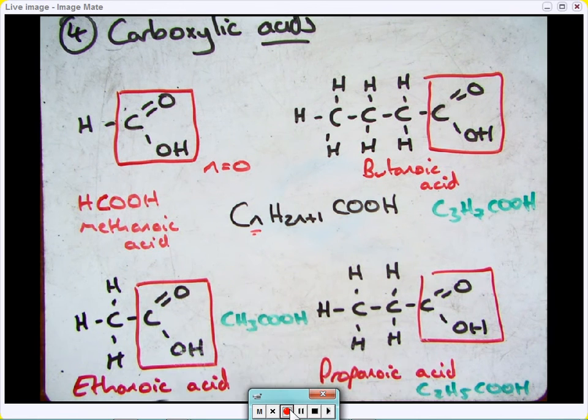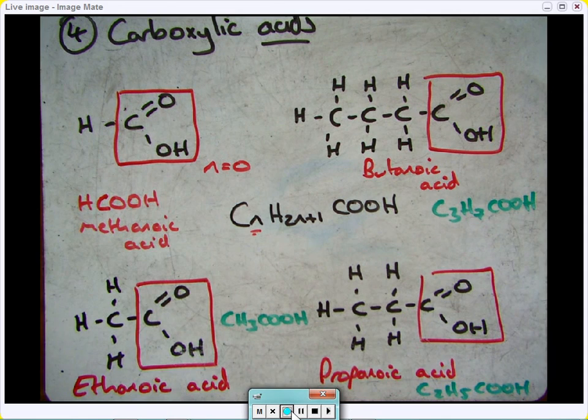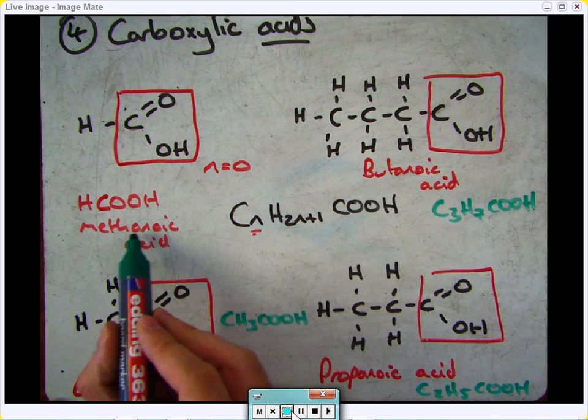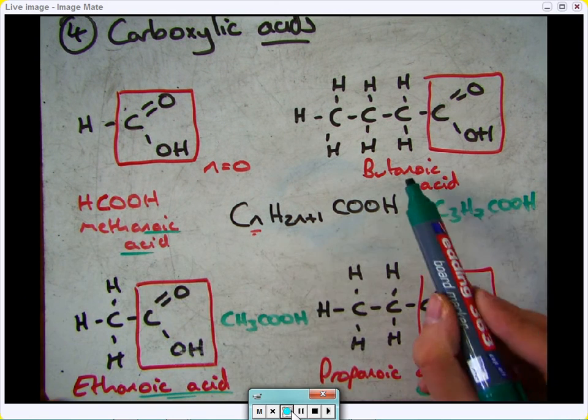So ethanoic acid becomes CH3COOH, propanoic becomes C2H5COOH, butanoic becomes C3H7COOH, and so on. Okay? Again, the key thing here is that you take the start, which is similar, so instead of ethane, it's ethanoic acid, instead of methane, methanoic acid, instead of butane, butanoic acid, and so on.